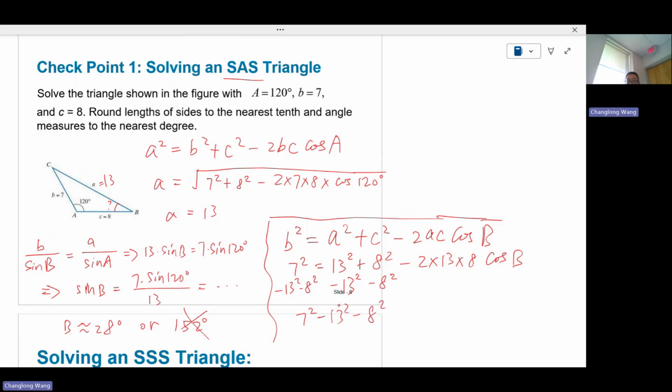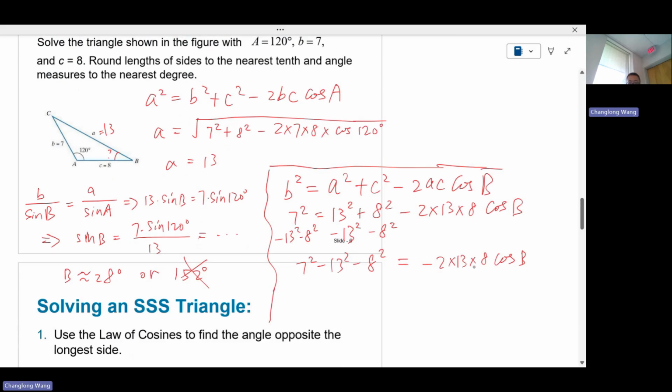Oh, by all means, you can work them out. I just don't have the calculator. I don't want to do the math in my head. That's equal to negative 2 times 13 times 8, right? Cosine B. And just by dividing out whatever numbers were multiplying the cosine B, you're going to get cosine B by itself.